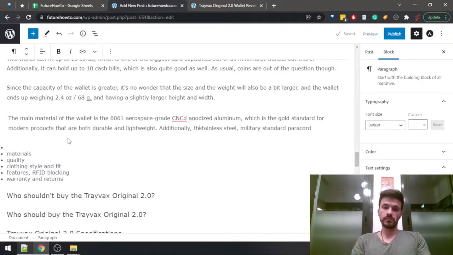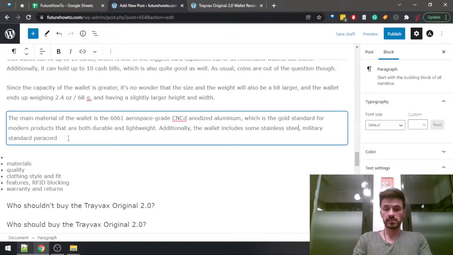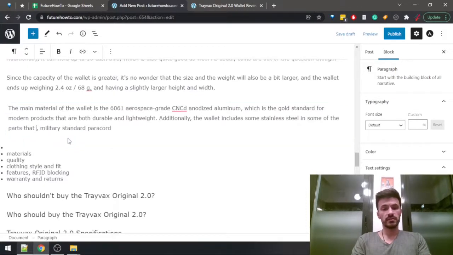Additionally, the wallet includes some stainless steel in some of the parts that need to be extra tough. And the paracord is also quite strong, satisfying the military standard.